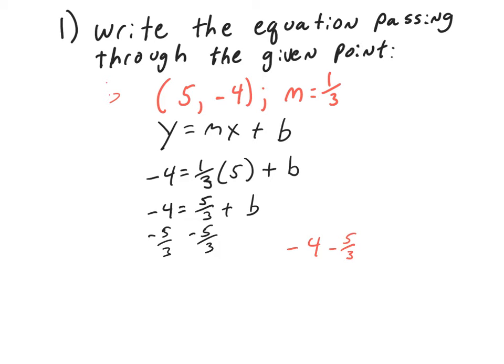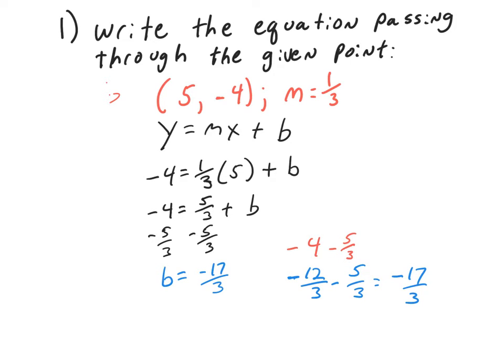So to subtract fractions, we need a common denominator. 4 times 3 is 12, so we get -12/3 minus 5/3. And then -12 minus 5 is -17, so we'll get -17/3. So b is equal to -17/3.